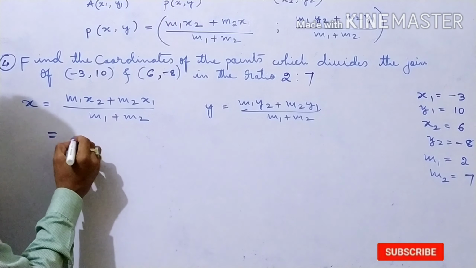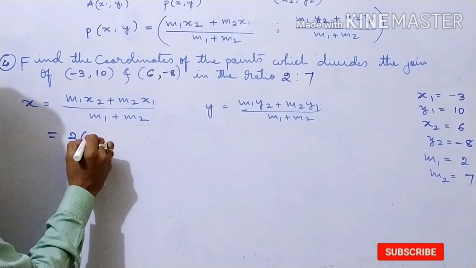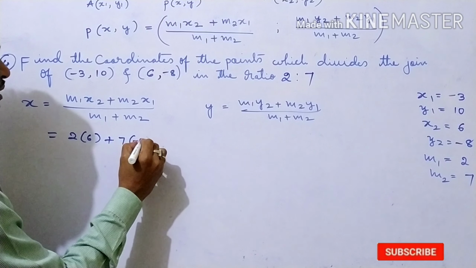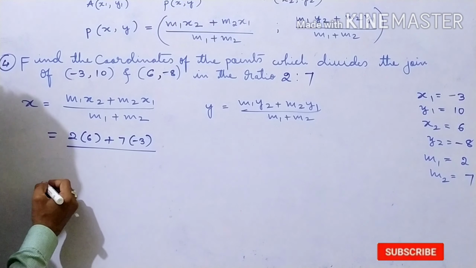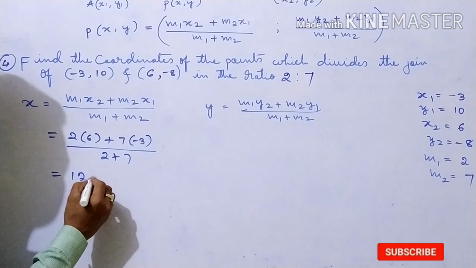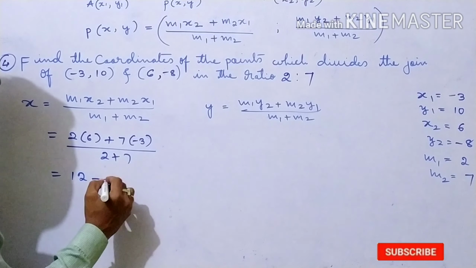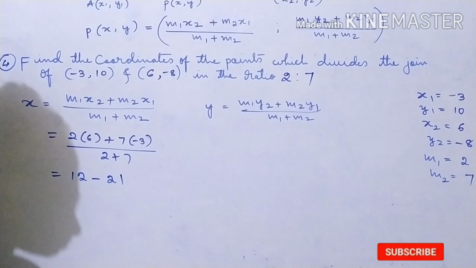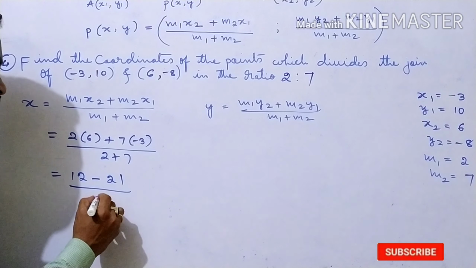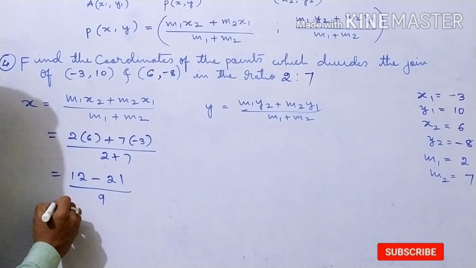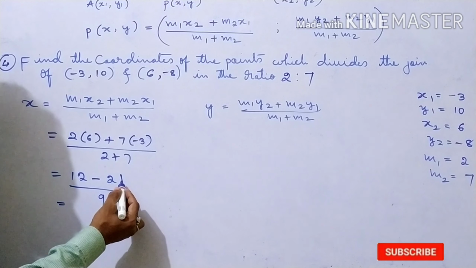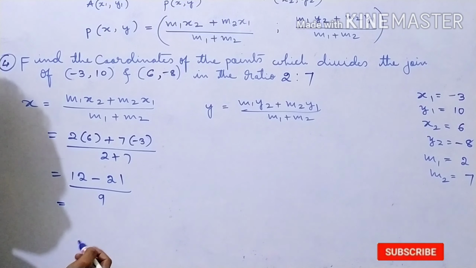So here m1 2 into x2 6 plus m2 7, x1 minus 3, whole divided by m1 plus m2, 2 plus 7. Then 2 sixes are 12, plus into minus, minus 7 threes are 21. Then divided by 7 plus 2, 9. So this is equal to, now subtract, 21 minus 12.